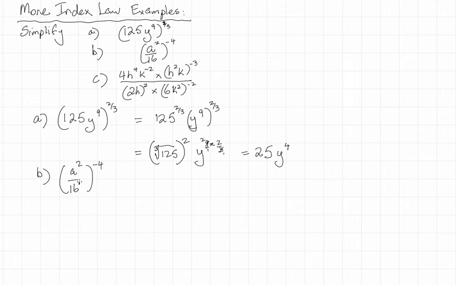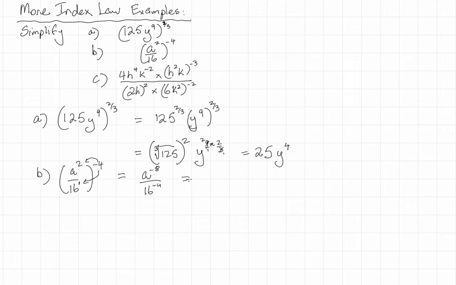Now, 16 is 16 to the power of 1. And so when we multiply out, the negative 4 is going to be multiplied by both powers. So that'll be a to the negative 8 over 16 to the negative 4. So that negative 4 has got to be multiplied by that power and that power.